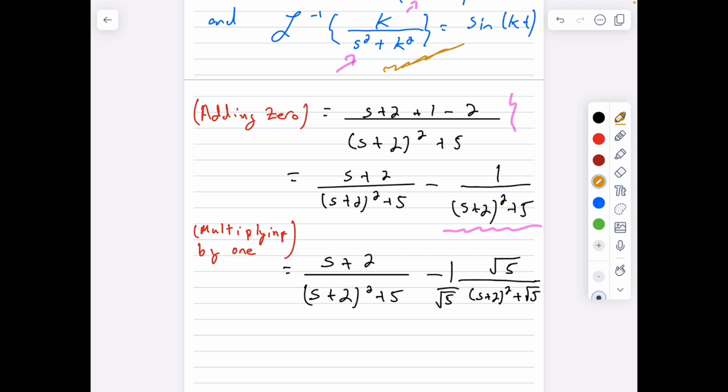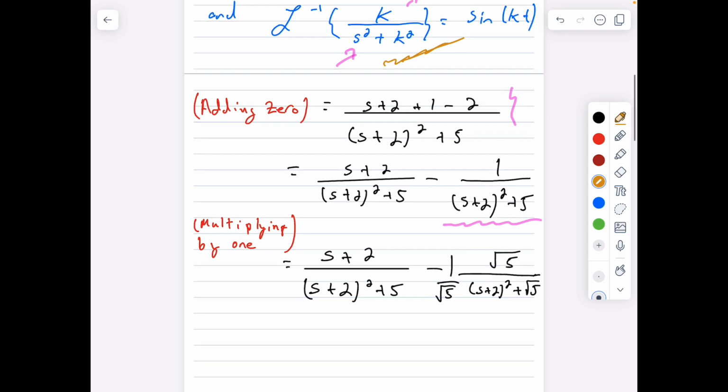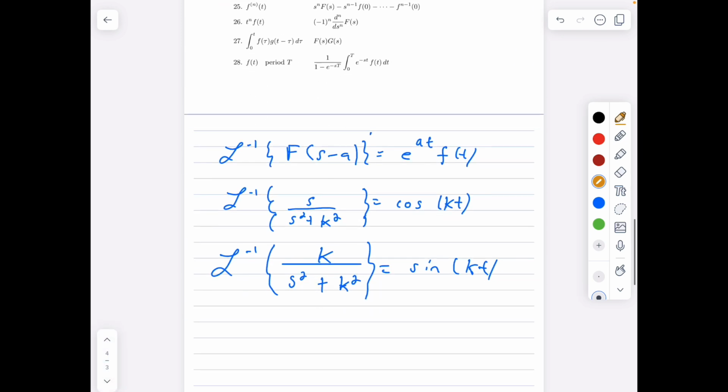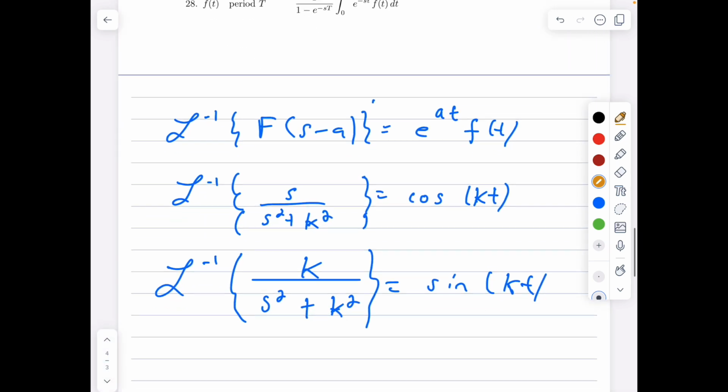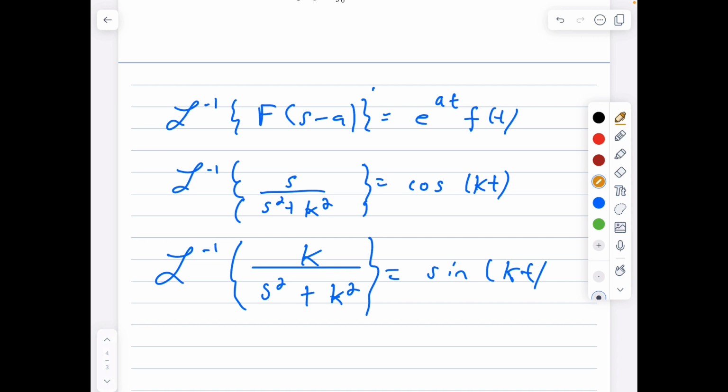Now that sort of looks like what I have here. Is it exact? No, it's not. So I can't just say it's going to equal sine and cosine. However, I'm to the point where we can use the following. There's a very useful inverse Laplace property, which is this one right here, called the shift.